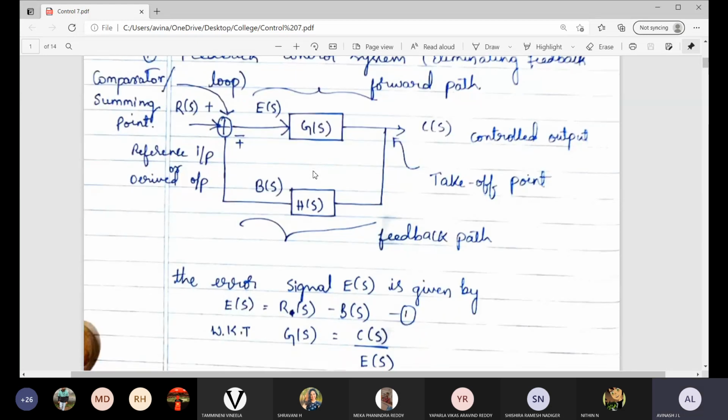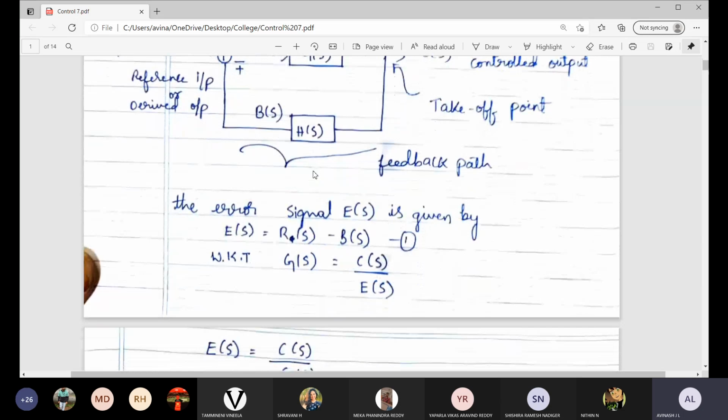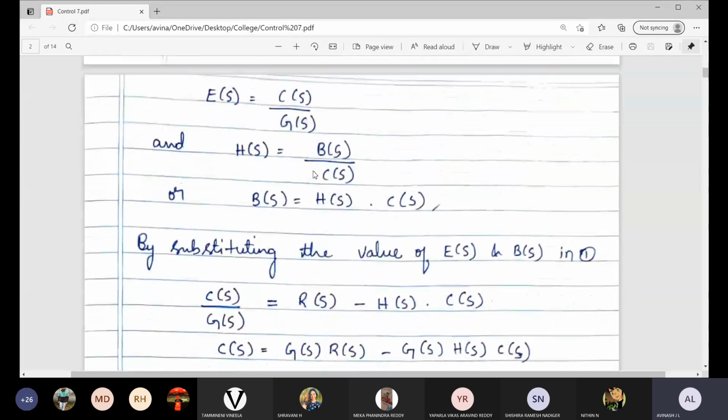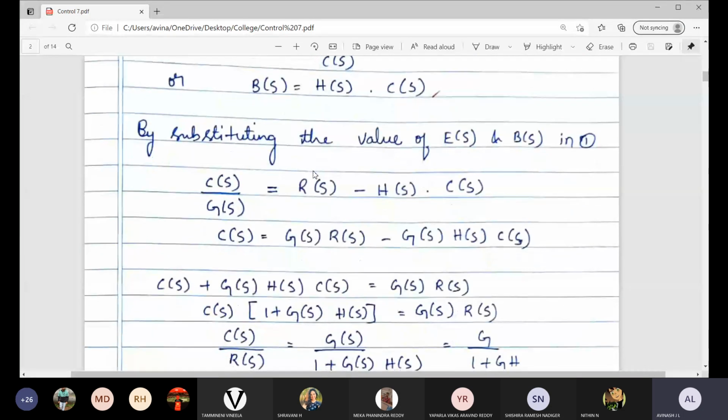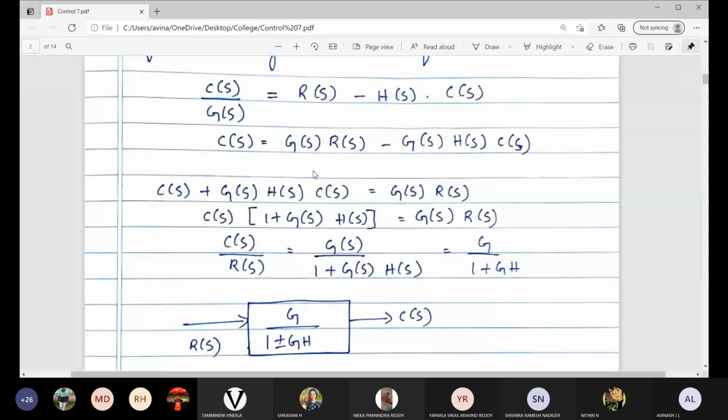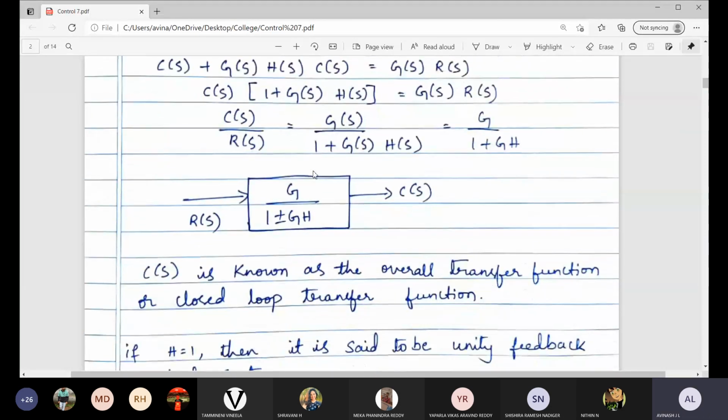We derived the equation for the single block: C of S divided by R of S will be equal to G of S divided by 1 plus G of S into H of S for negative feedback. If it is positive feedback, we write minus. Clear? That is the first thing we understood.